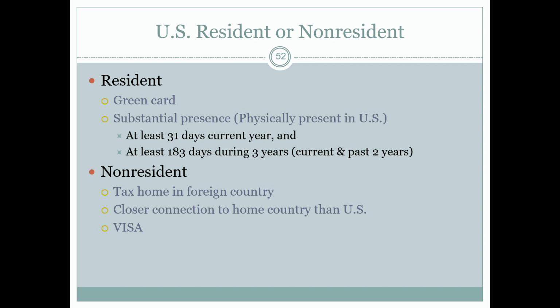But most of our clients were actually using the substantial presence test, which simply means that they were physically present in the United States, and there are some times that they have to be present.